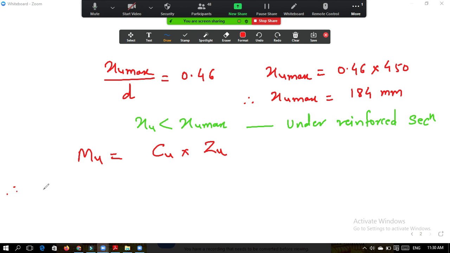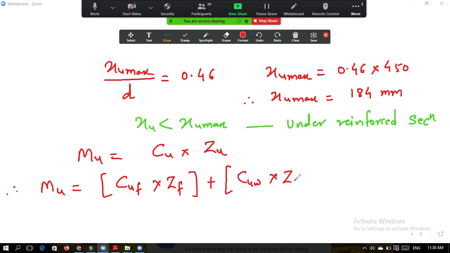Okay, so here I will write Mu is equal to Cu into Zu. So therefore Mu is equal to, in first bracket, Cuf into Zf plus Cuw into Zw. So just the formulas are there. If you put the values, Mu is equal to, what is the value of Cuf?